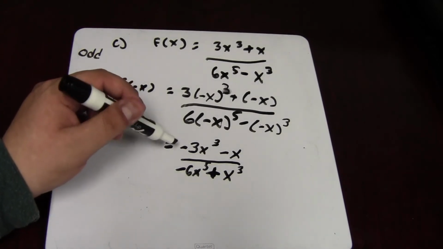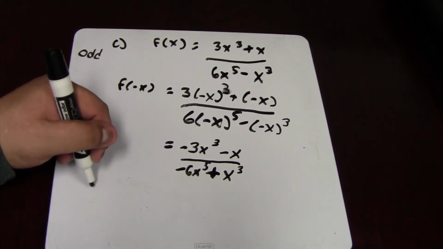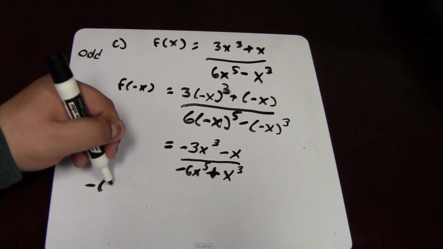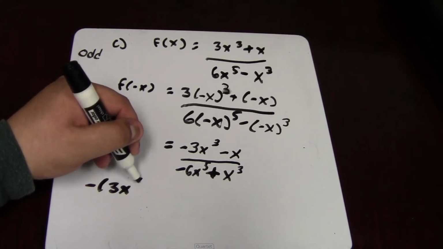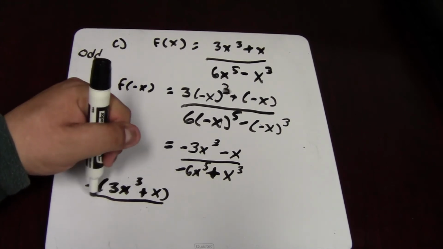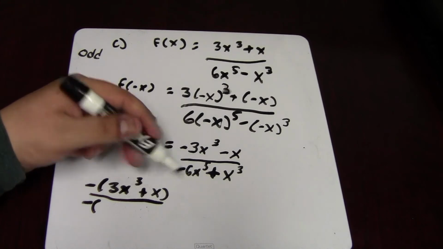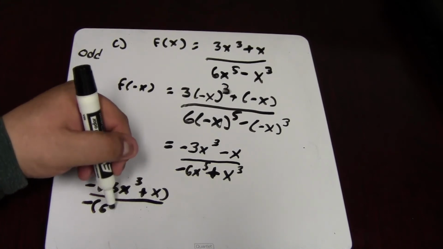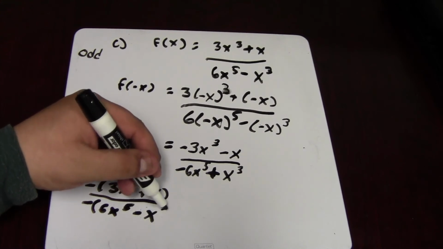Now, as I said in the last example, we want to factor these negatives out. Let's do that over here. I'm going to take a negative out of this. That leaves me with 3x cubed plus x. And we're going to take a negative out of this bottom one. And this leaves me with 6x to the fifth minus x cubed.